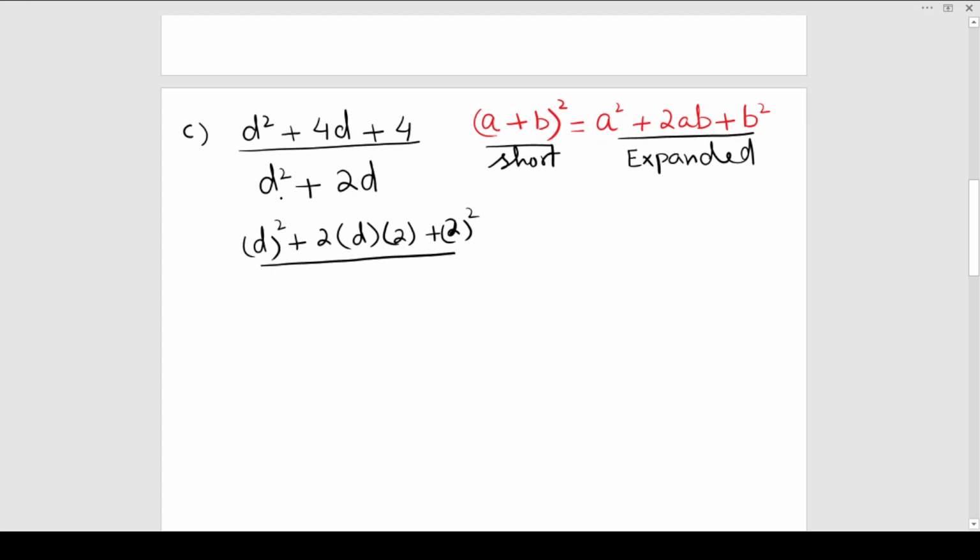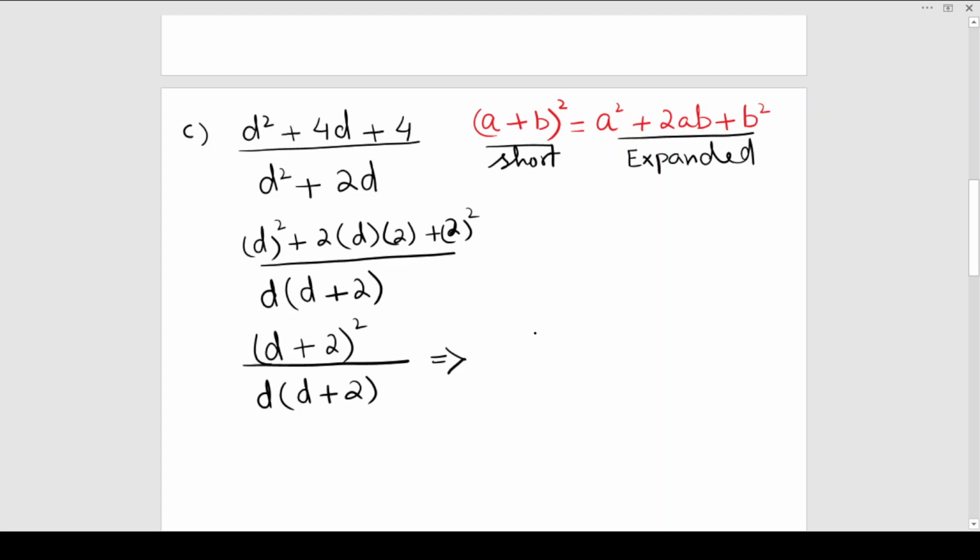From the denominator we can take d as a common factor, so d plus 2 is left there. So the numerator can now be written as (d plus 2) whole square, and the denominator is d times (d plus 2).